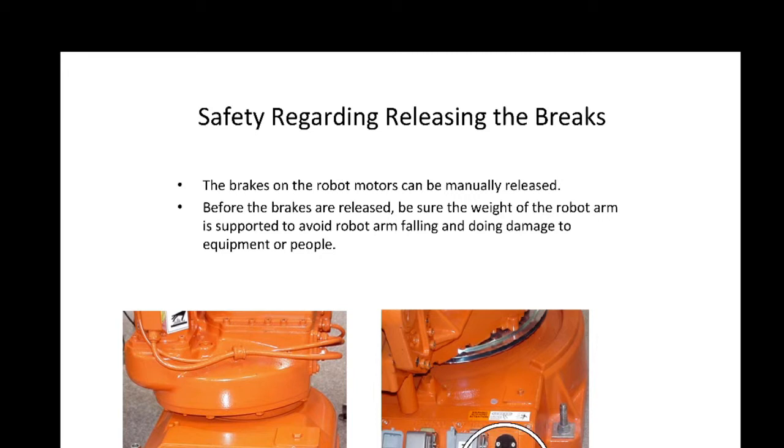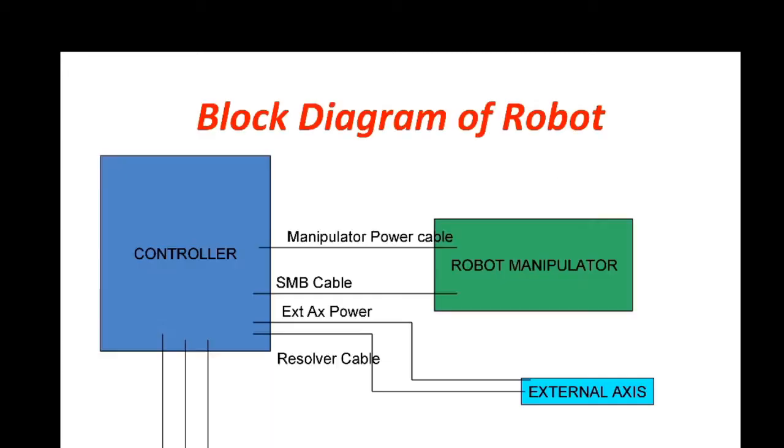Next, the block diagram of the robot. The block diagram of the robot has the robot manipulator. I already told you people, right? The robot is called a manipulator, a technical word. The robot manipulator is controlled with the controller. Okay, please all people watch the block diagram very carefully.